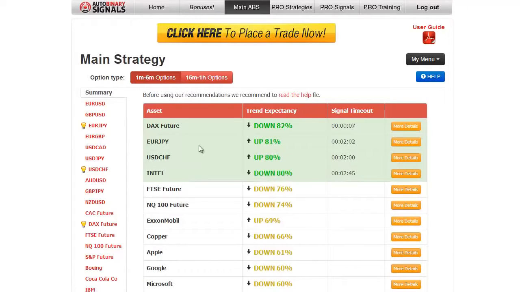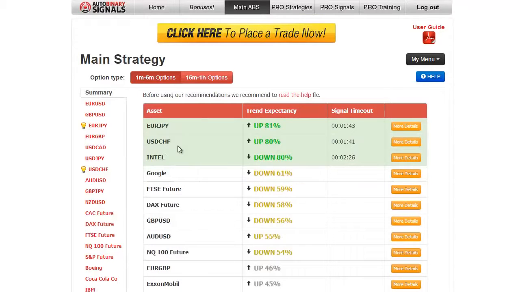So if you have accounts open at multiple brokers, the chances are that one of the brokers will have this asset available for you to trade. When you get a signal that is that good, it would be a waste if you can't trade because the broker doesn't have this asset available at this moment, right?